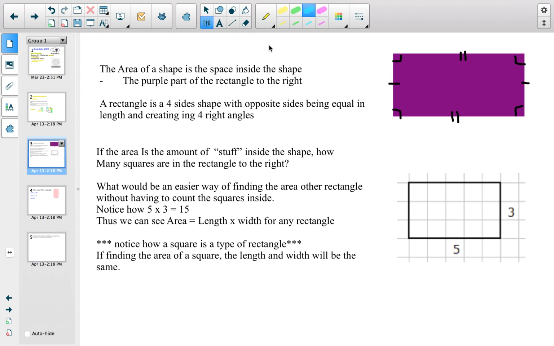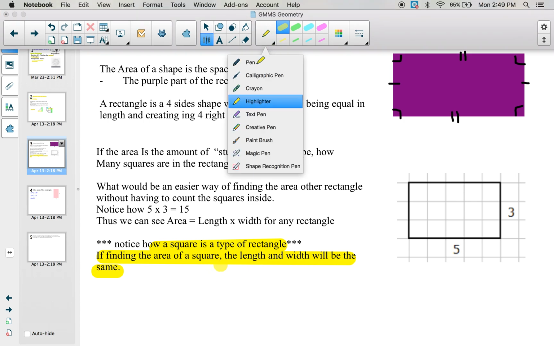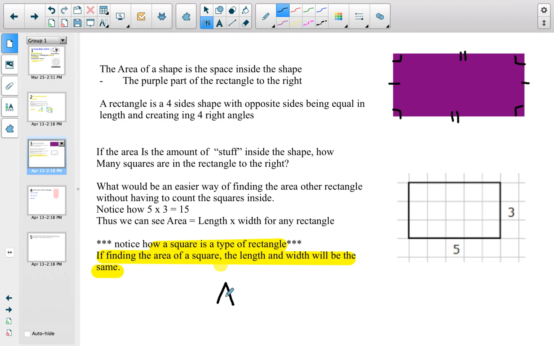One important thing is a square is a rectangle. A square is just a type of rectangle where all four sides are equal. Okay, so we're still using the same formula, which is, let me switch to a pen here, the area is equal to length times width.